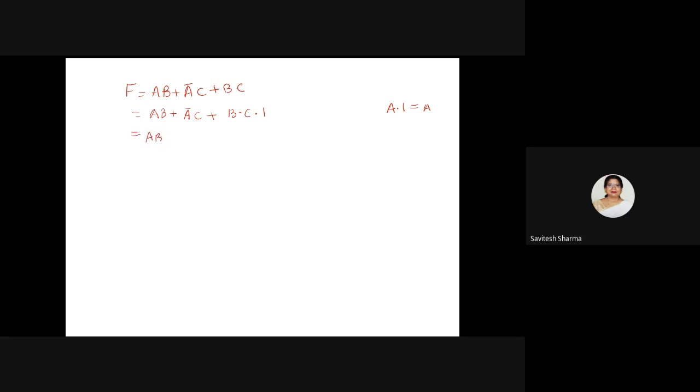Then you will replace this 1 with the variable that is not present here. A is not present, so I am using the property A plus A complement equals 1. Now I will expand.